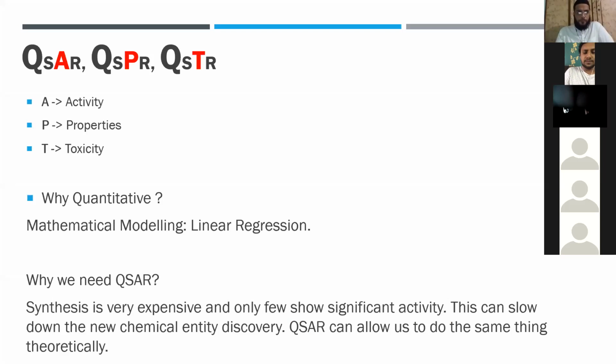That will fall under QSPR. This is just a different jargon, but the base will be the same. Again, you collect the known compounds, extract the features or descriptors, establish a relationship, make a mathematical model, and then calculate a predictor. In this case, my predictor is not IC50 but the solubility.